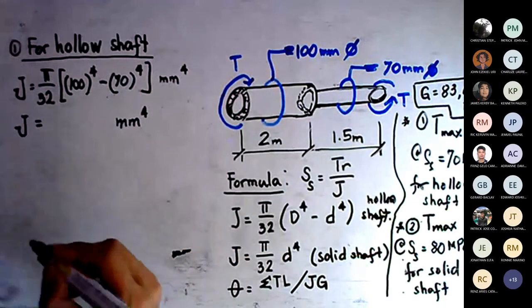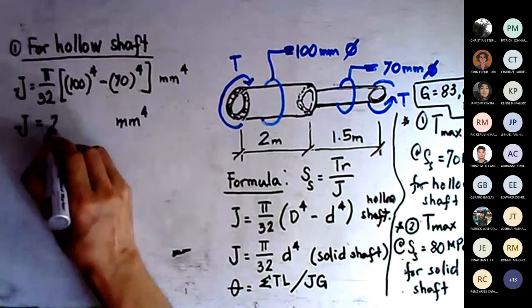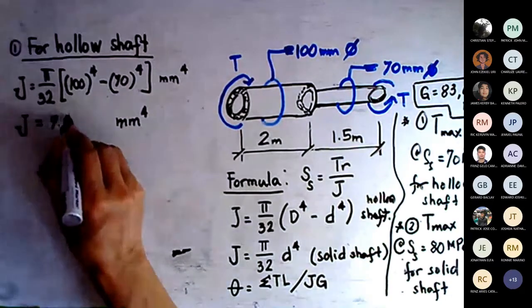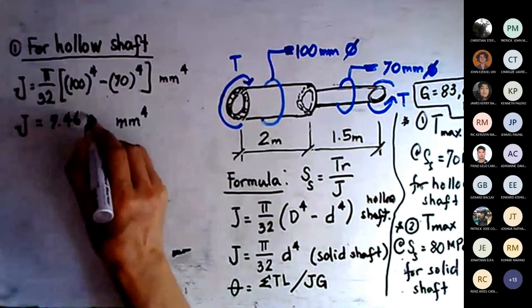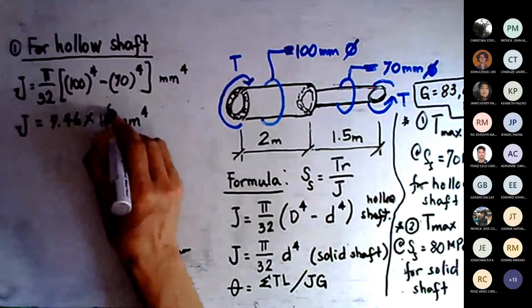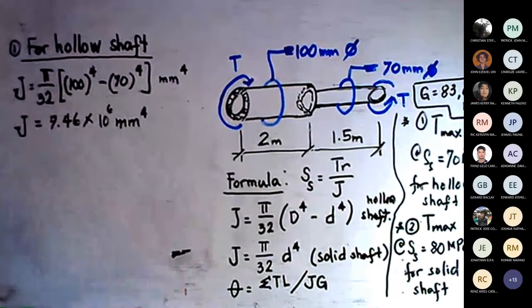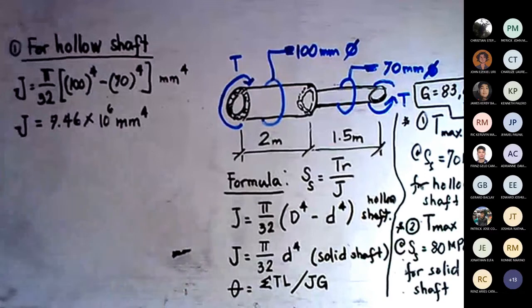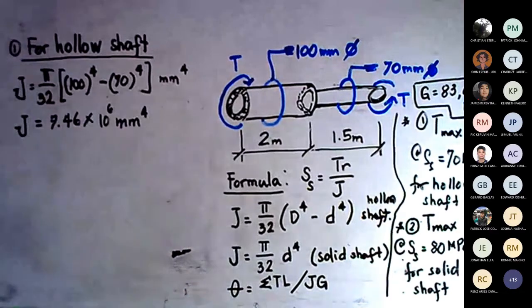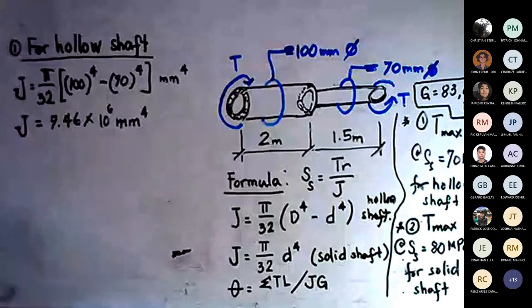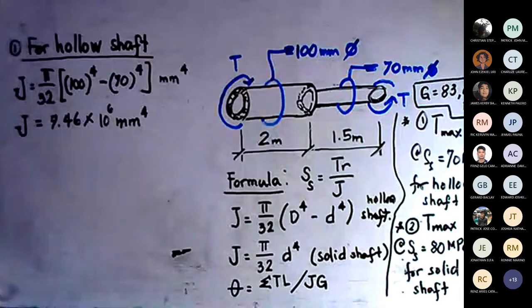Paki-check nyo nga kung you have the same value as I have here. 7.46 times 10 to the 6th millimeter to the 4th. Parehas tayo nang na-compute? Ito rin ba yung na-computed ninyo na value?